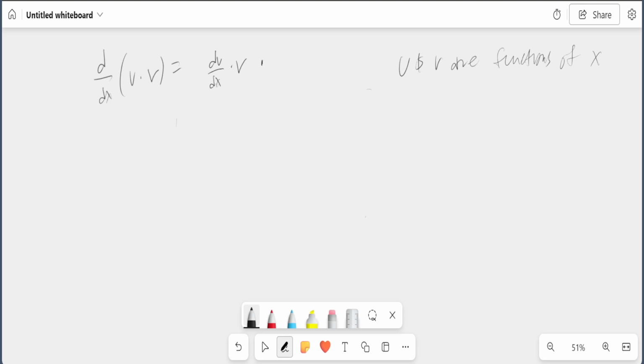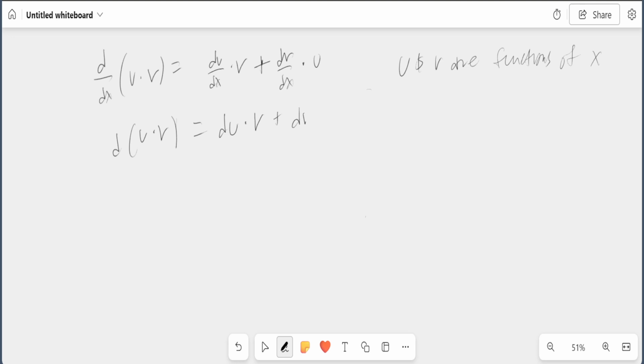We can cancel out all the dx's by multiplying by dx on all sides, which makes sense conceptually too, because it doesn't matter as long as they're all related with some variable. It doesn't have to be x, it can be y, it can be z. So we just turn this into an absolute derivative.